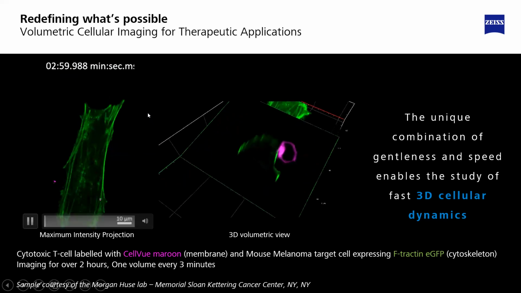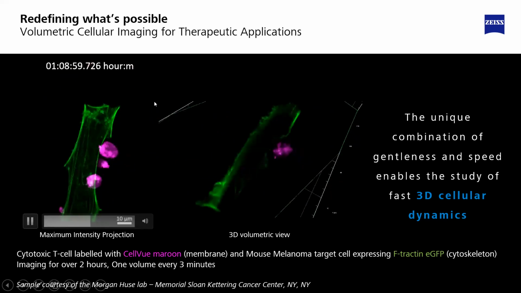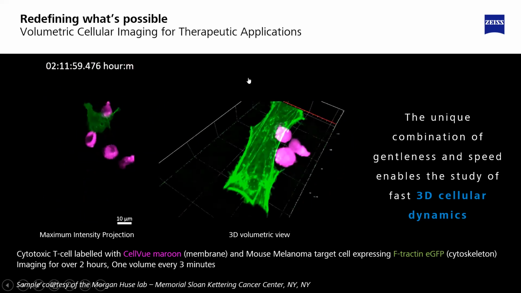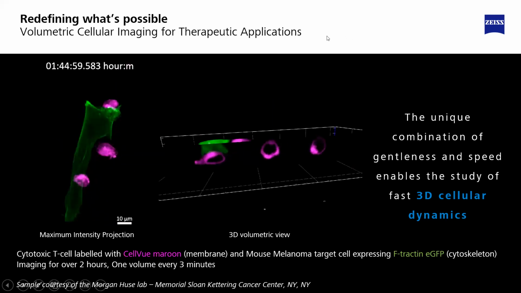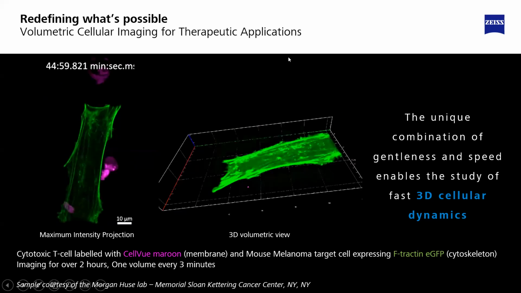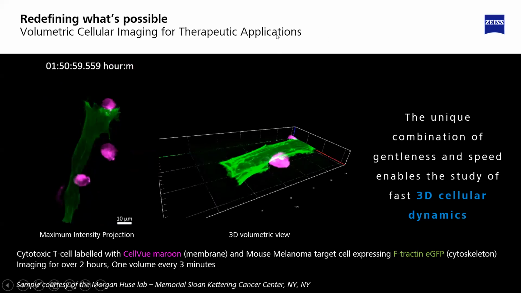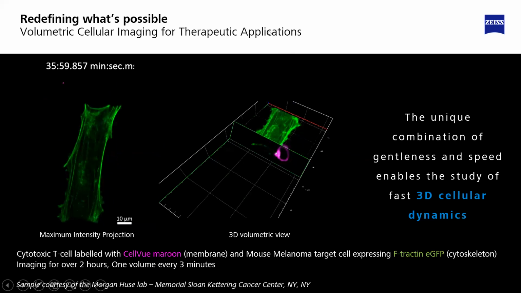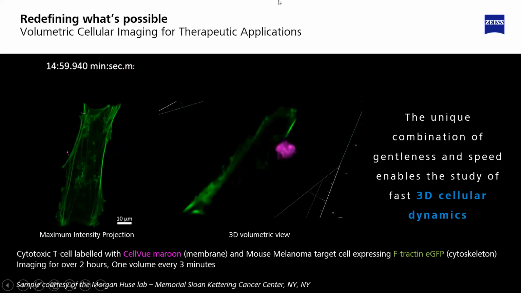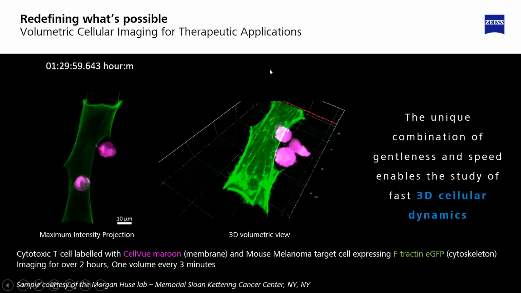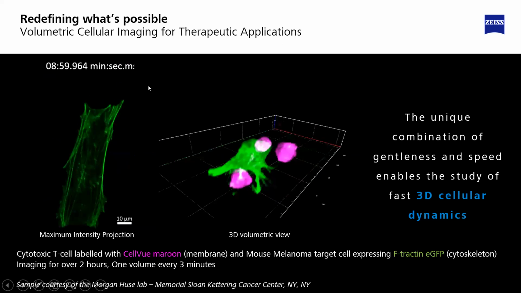You can imagine this is actually a pretty difficult interaction to visualize with just standard microscopy techniques. Because we're at that intersection of fast processes and needing large fields of view to see essentially one interaction happening in a dish, this is a great application for the lattice light sheet.